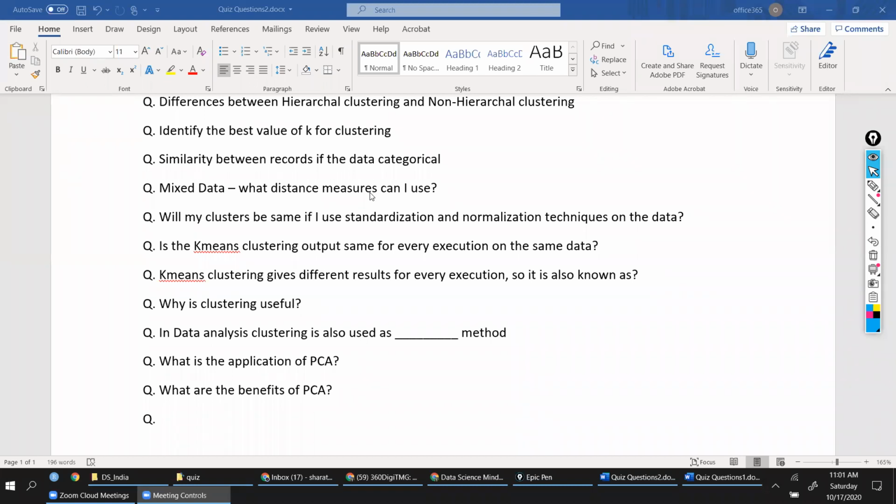Okay. Let me ask another question. What are the properties of principal components? Properties of principal components.